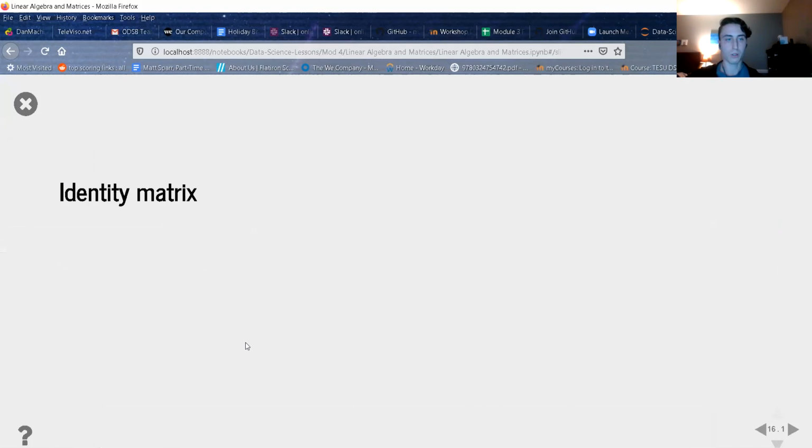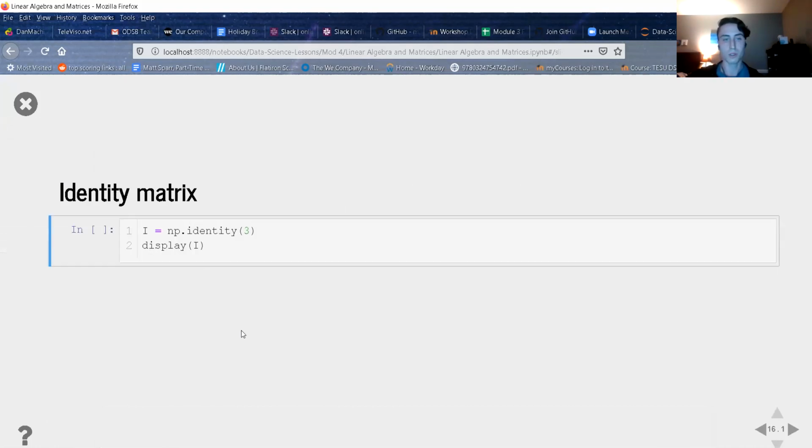All right, so there's something that's called the identity matrix. It's really important. Let's say I have a 3x3 matrix. The identity matrix would be this. It's basically going to be all zeros except for the diagonal.